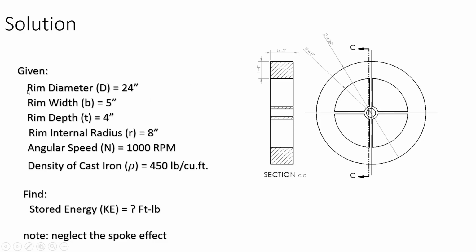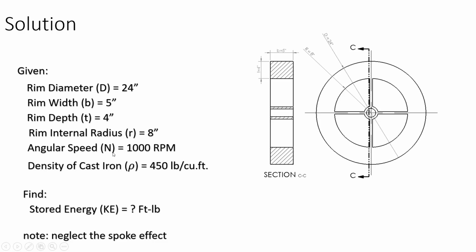The given are the rim outside diameter, which is 24 inches, and the rim width, which is 5 inches, denoted by letter B. The rim depth, which is 4 inches, denoted by letter T. The rim internal radius, which is 8 inches, denoted by a small letter r.